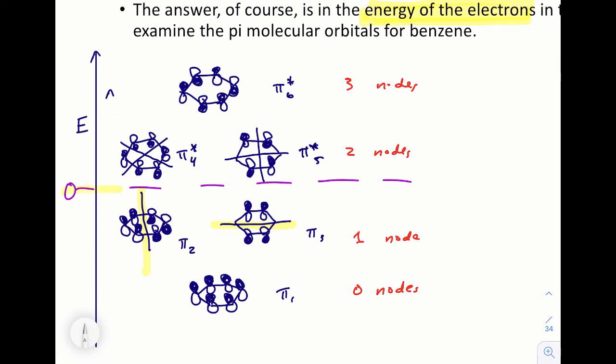Then there is the energy of the p orbitals. Then there are 2 antibonding orbitals, each with 2 nodes. The nodes can be distributed like this or like this, and those 2 orbitals are degenerate. They have the same energy. Finally, there is the pi molecular orbital with 3 nodes between each of the atoms of this molecule.